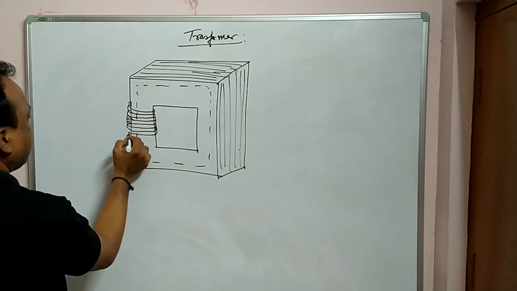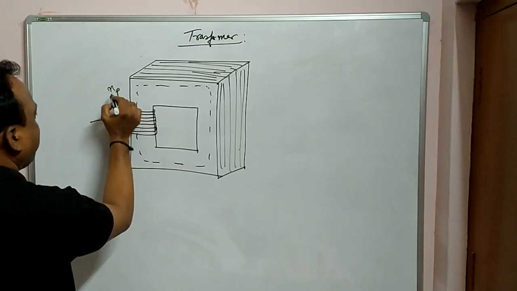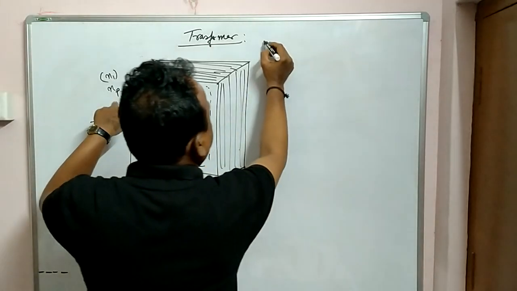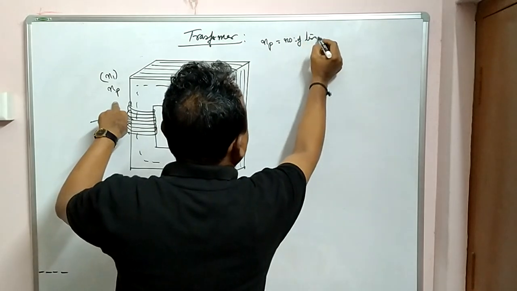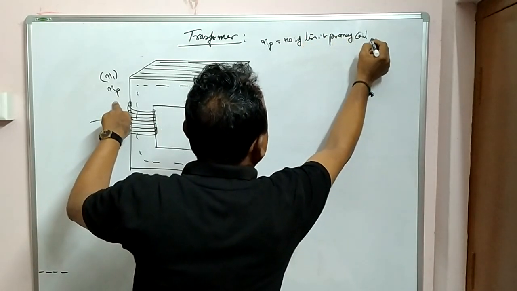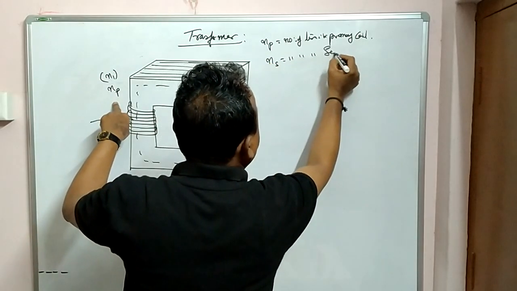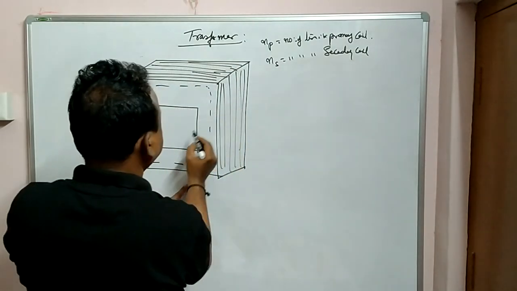Let the number of turns in the primary coil be NP or N1, and NS the number of turns in the secondary coil.